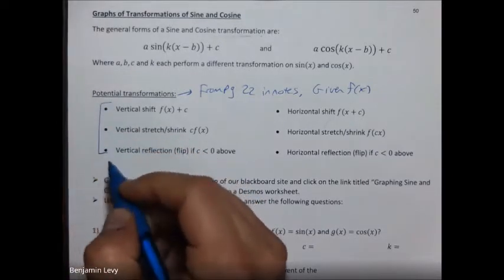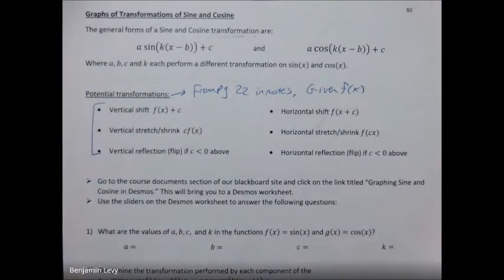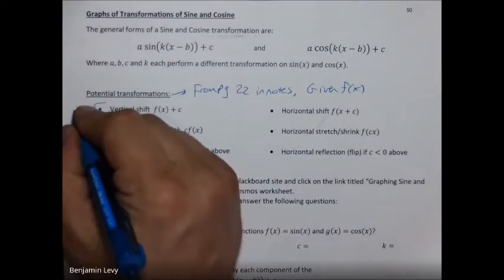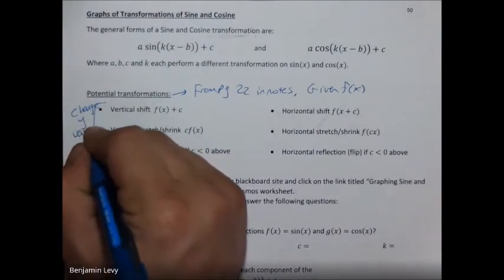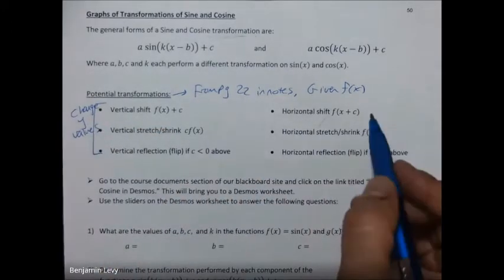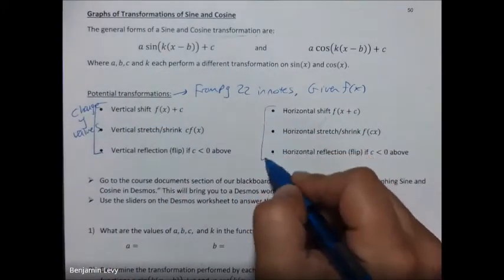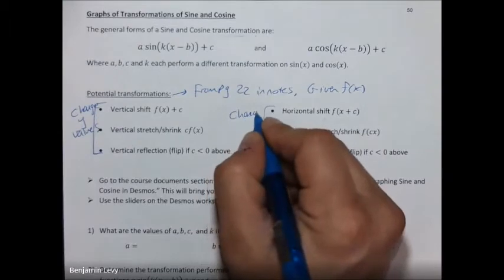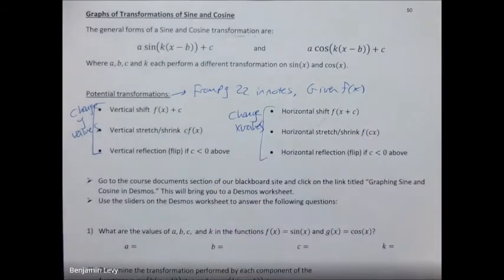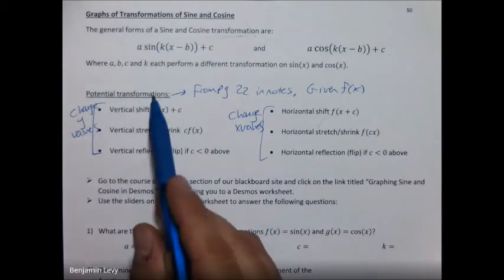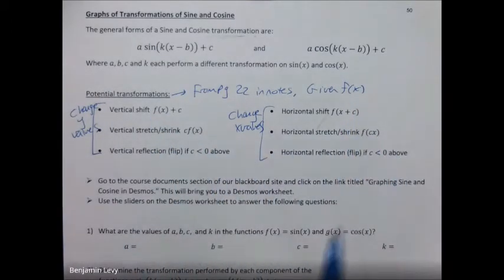These 3 things on the left are changing the y values. These things on the right change the x values. So we're going to get into what exactly they do. Let's just make that clear. How do we know that the things on the left are y values and the things on the right are x values?